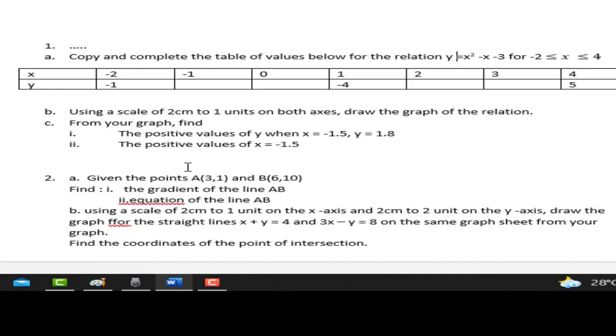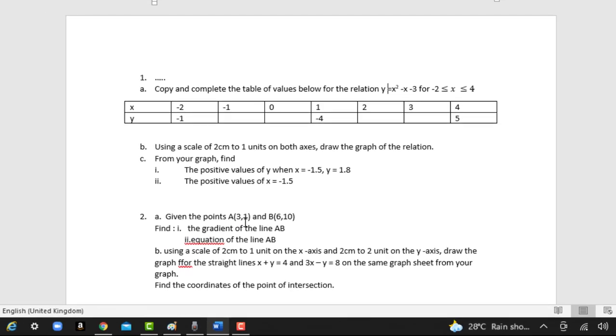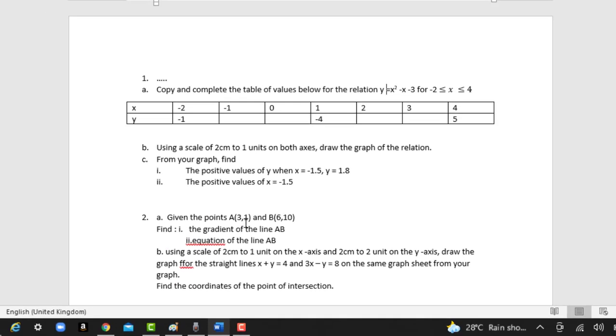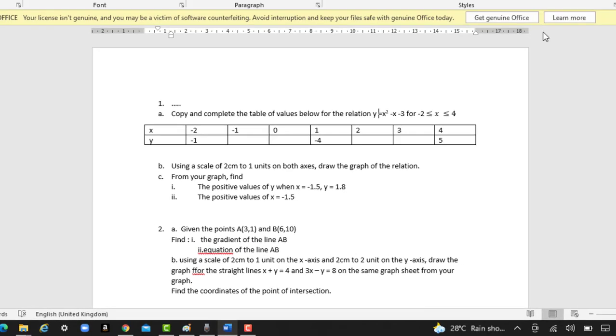And again, for the positive values of x, we need to trace and get that particular positive value on our y value. So without wasting time, let's begin.